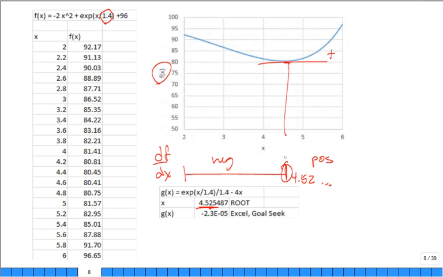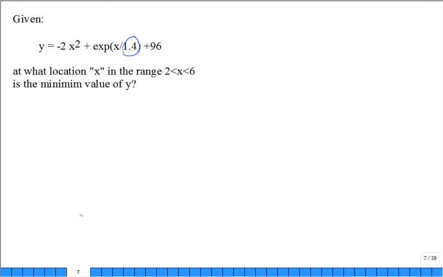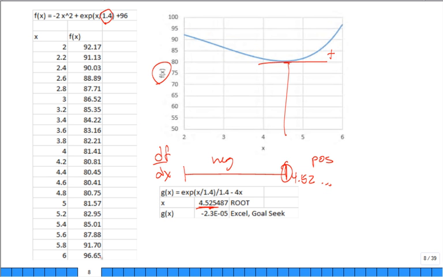Make sense? So the root is where it's negative or where it's minimum? Well, we were looking for the minimum or the maximum. How did I word it? Looking for the minimum value of this function in that range. Hence, I take the derivative of that function and I set it equal to 0 and I solve for the root of that equation. And if it happens to be in the range, and this problem it does, around 4.5, boom.